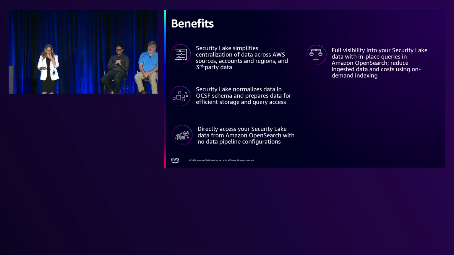So what this means is that since you're querying your data in place, you get full visibility into all the data you're storing in your lake. So with in-place queries in OpenSearch, you can reduce the amount of data that you need to bring into OpenSearch, and that means less compute and hence less cost.